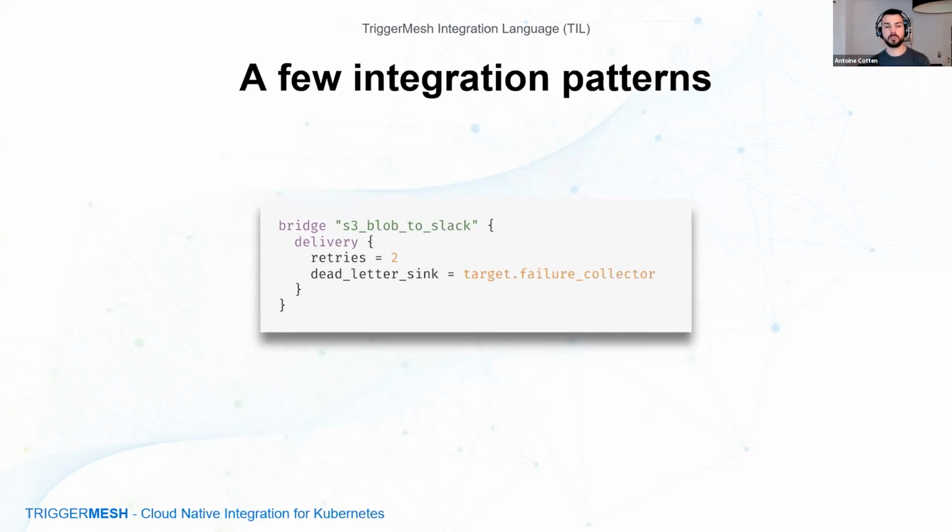So if I were to inject this delivery retries under my bridge block, I would get, wherever it's relevant, a channel interpolated between 2 components automatically. I don't have to do it. And if you use, for example, a broker which is also conformant to this delivery spec, you would also have it configured with this. I can actually show you.